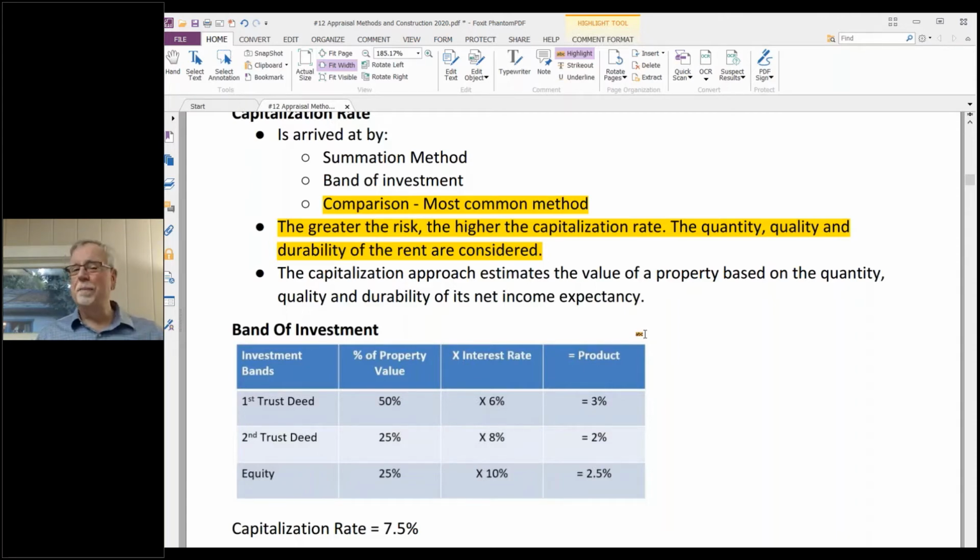It's the development potential and its location that we were able to sell it anyhow. But you understand, if you're looking for income for the next 10 years, you're going to go with the quantity, quality, and durability. So let's say that Amazon's lease, instead of being 10 years, only had 3 years left. Would that make a difference?